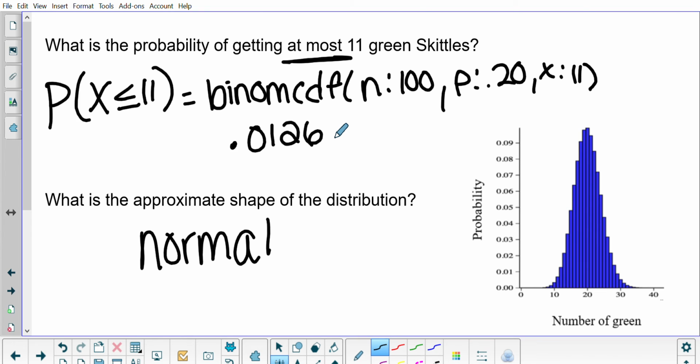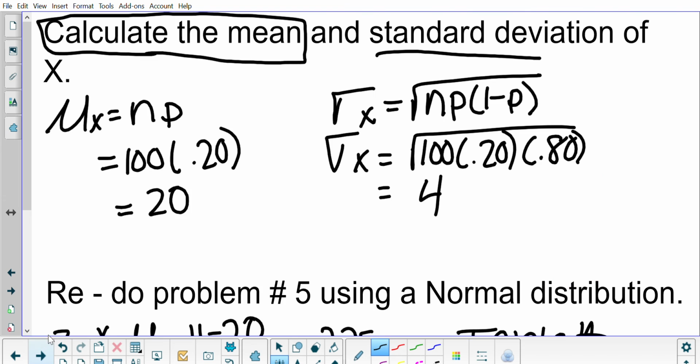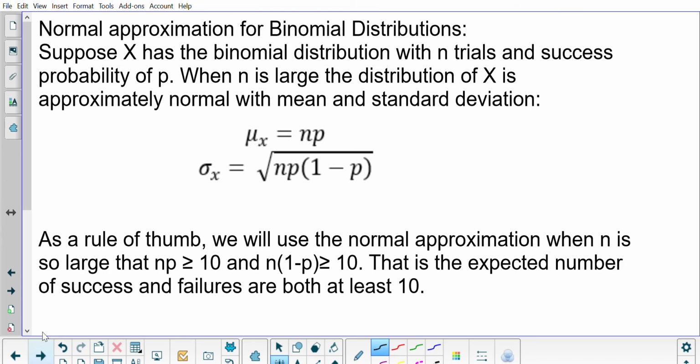So what does that mean? Why is this binomial distribution a normal distribution? Why am I getting the same exact answers? Well, you can use normal approximation for the binomial distribution. Suppose X has a binomial distribution with n trials and success probability p. When n is large, the distribution of X is approximately normal with the mean and standard deviation.